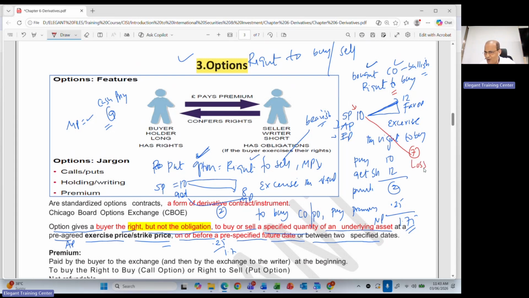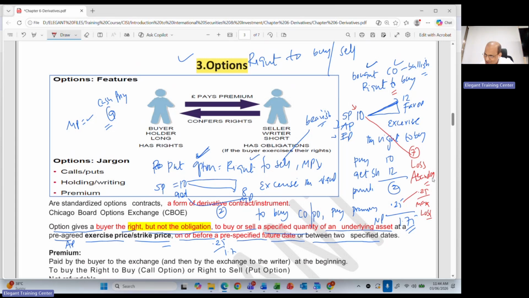It's a loss. So why would you pay 10 dirhams when the market price is 7 dirhams? So what do you do? You abandon. Leave it, I don't want it, because you don't have the obligation. You have the right to buy. And how much premium did you pay? Only 25. That's your maximum loss.